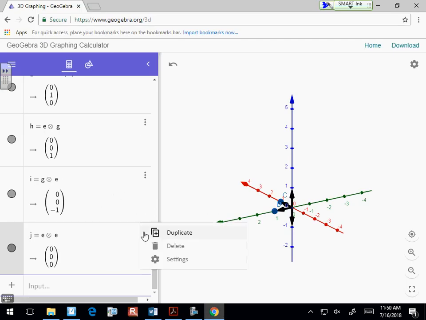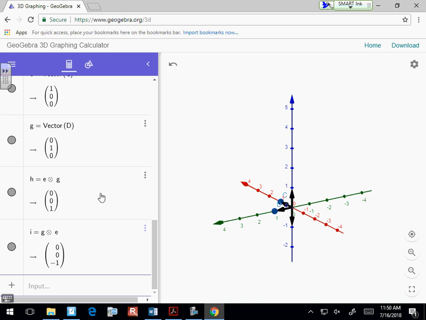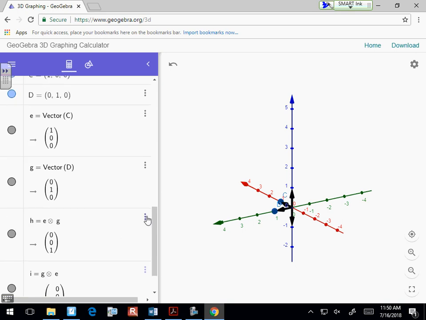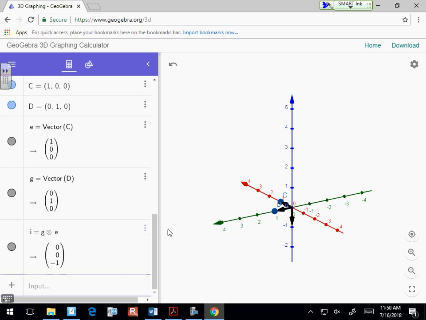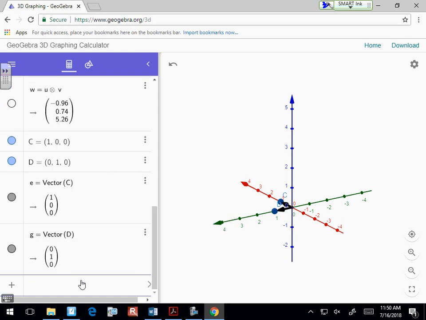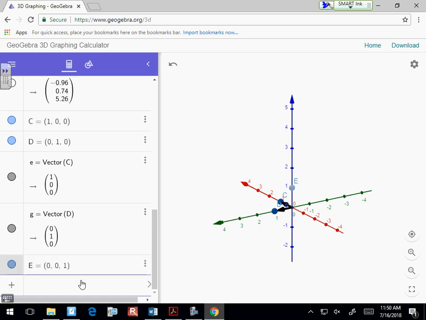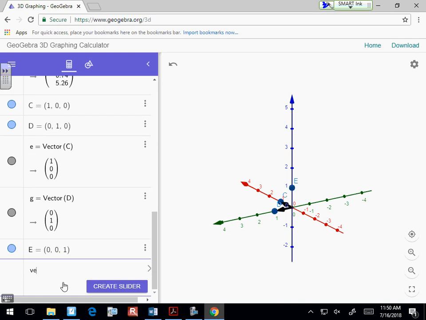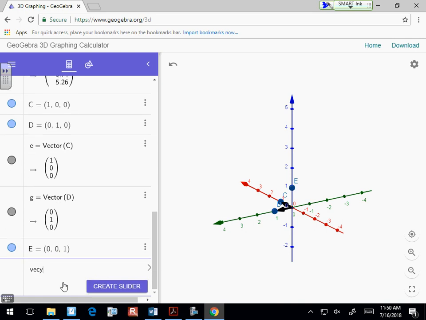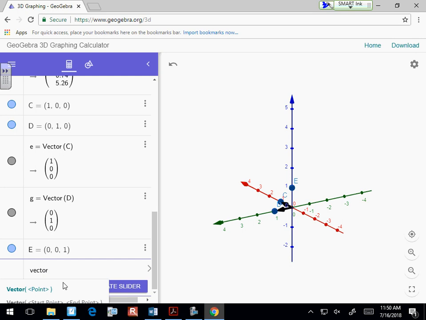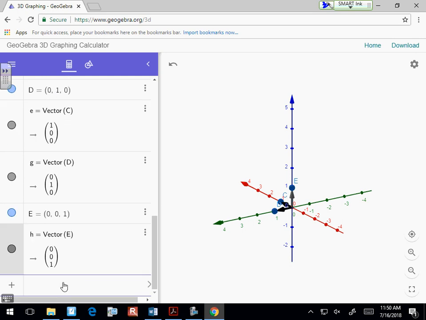All right, so delete. Let me just get my two main vectors here. So vector E. All right, so we have my IJK.